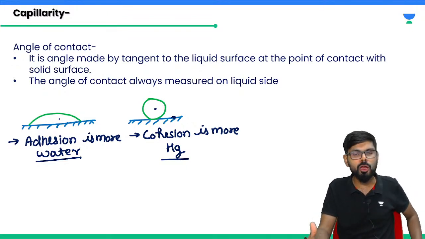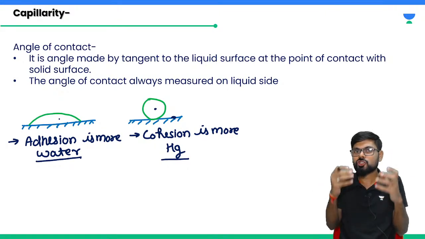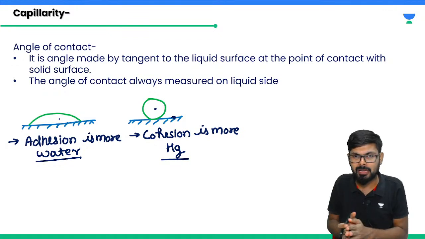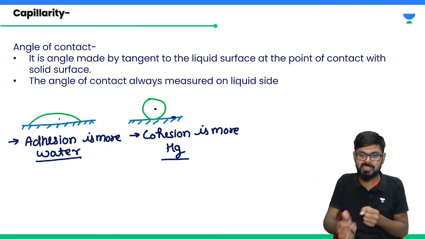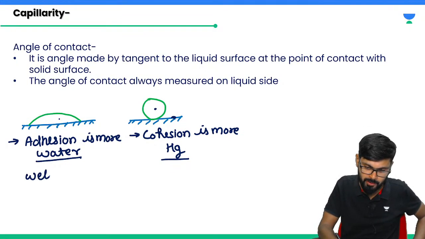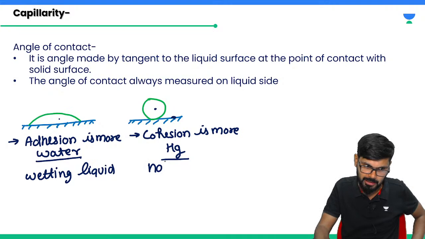So the water molecule is more strongly attached with the surface, whereas in case of mercury, molecules are attached with themselves, right? So this is called a wetting liquid, and this is a non-wetting liquid.